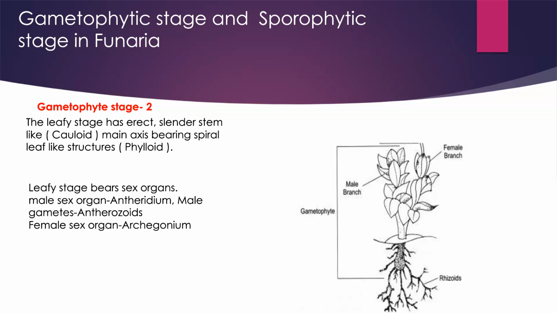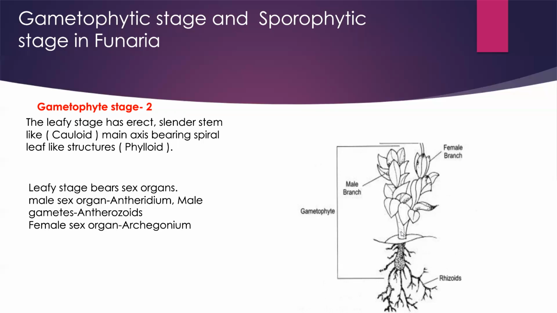Because of this antheridium, this main branch is called the male branch. Okay, while the lateral branch grows, and at the tip of this lateral branch, a female reproductive organ develops, which is called the archegonium, and that's why this lateral branch is termed the female branch.